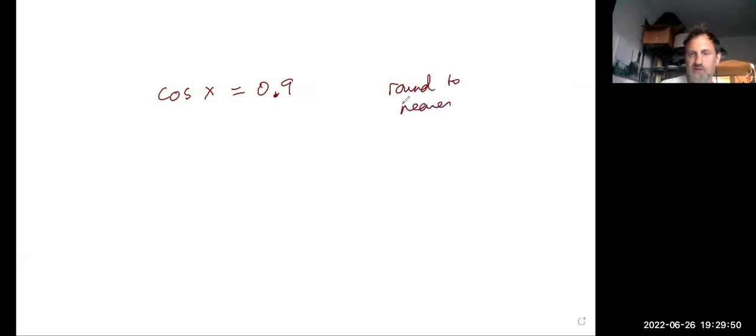Now, if you have a problem where it boils down to something like this, there should be some rounding instructions, like round to the nearest 4 decimal places or something like that. So then I use my inverse in radian mode.